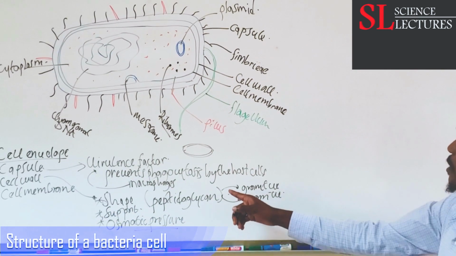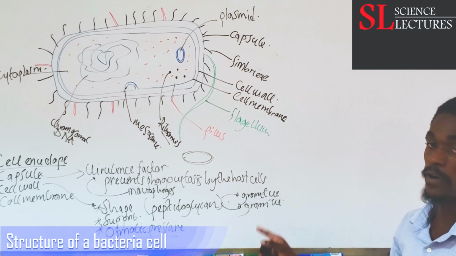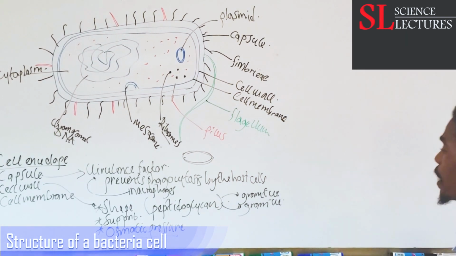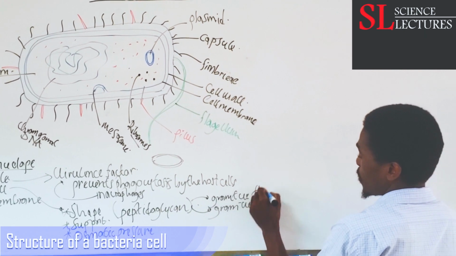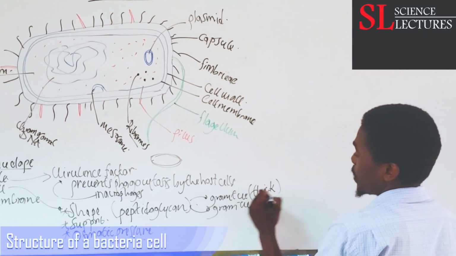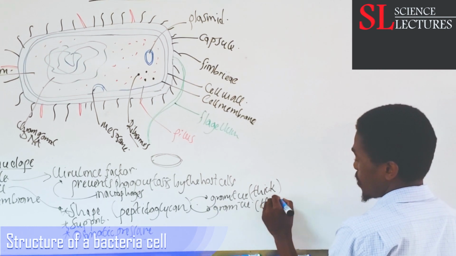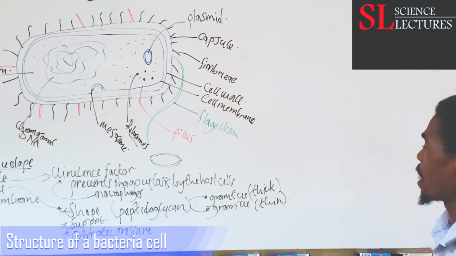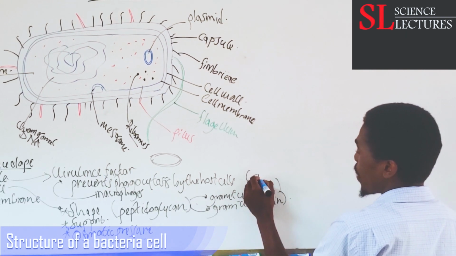If we are having bacteria that are gram-positive and gram-negative, they will differ somehow in their peptidoglycan layers. Gram-positives will have a thick peptidoglycan layer, whereas gram-negatives will have a thin peptidoglycan layer. And we'll see how this is relevant when we do gram staining.